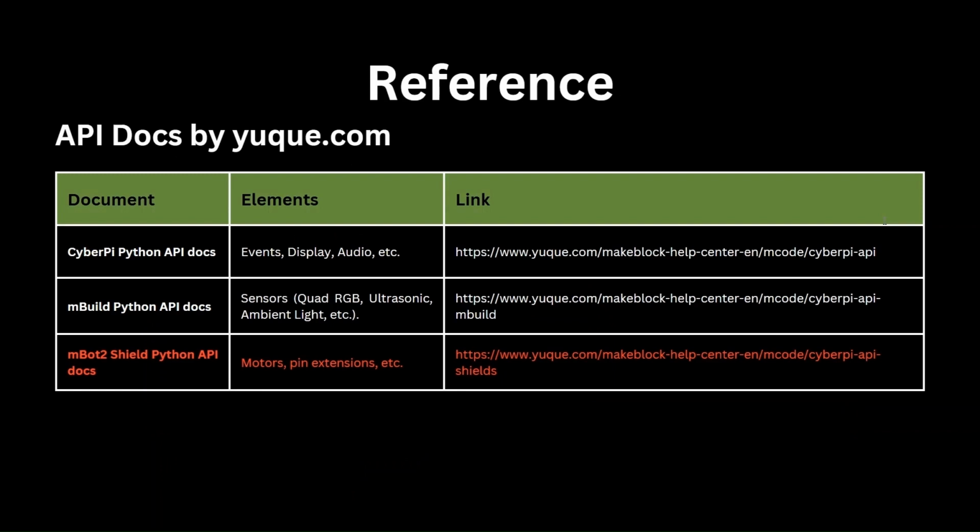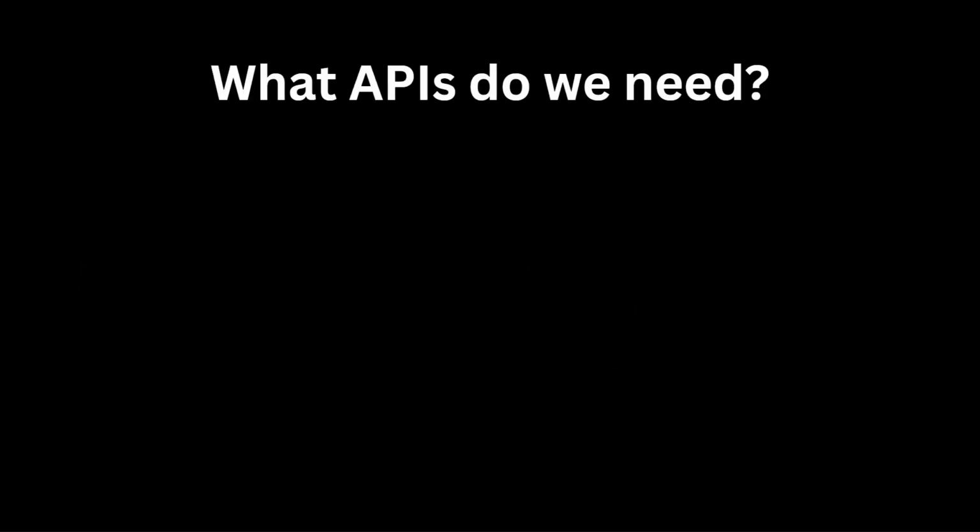This page contains APIs that relate to motion commands like drive forward, turn, etc. I'll add links to these web pages in the description. I highly recommend bookmarking these in your browser so that you can access them easily since we will be using them often. Let's now look at the APIs that are needed for this project.